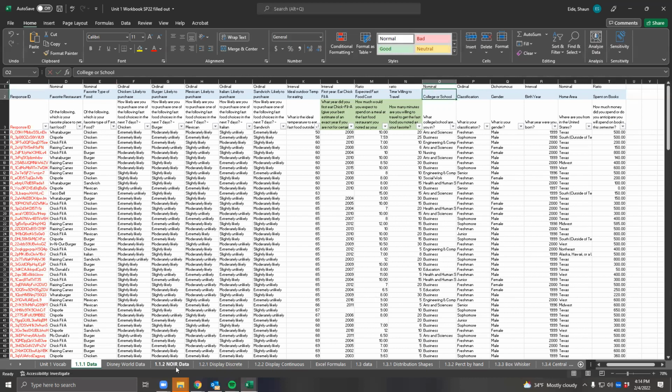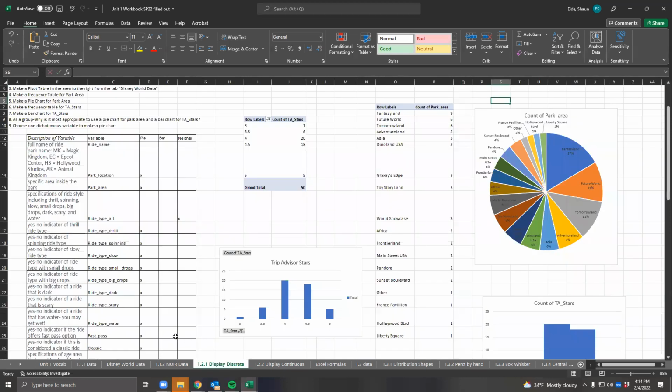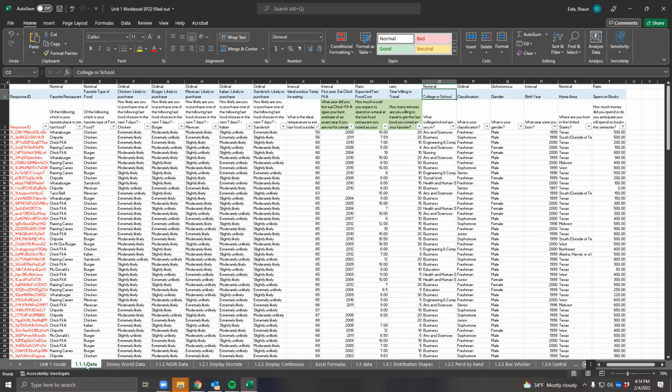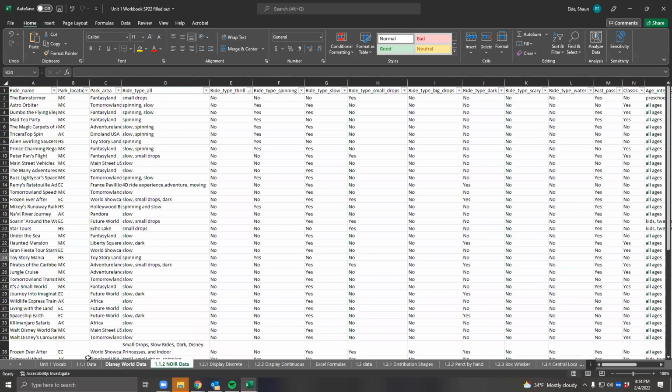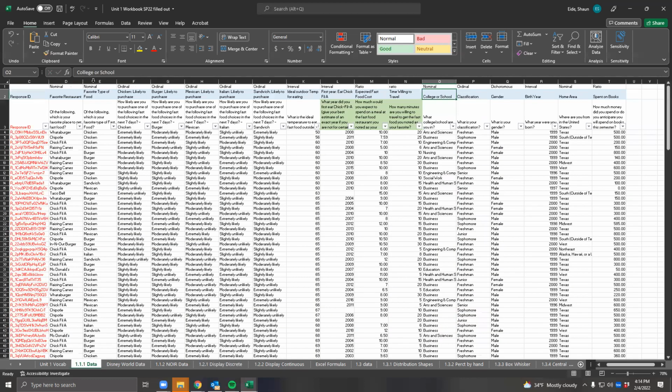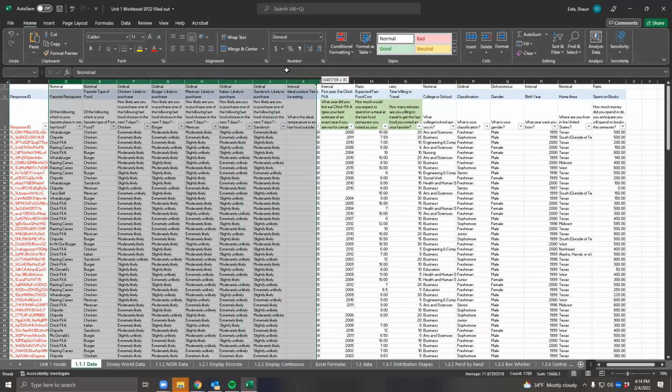Okay. So moving on, when we display data, it's really important to know what you can use to display the data. So if you have qualitative data, so in other words, let's go back to this. Which ones are qualitative? All of these are qualitative.